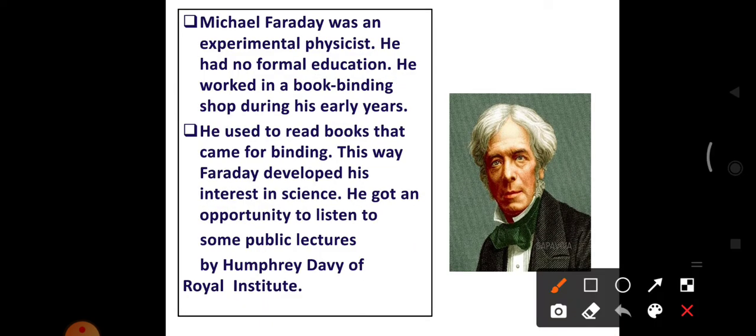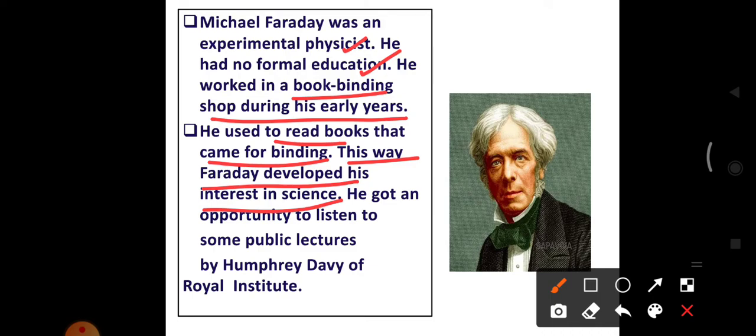Michael Faraday was an experimental physicist. He had no formal education. He worked in a book binding shop during his early years. He used to read books that came for binding. This way, Faraday developed his interest in science.